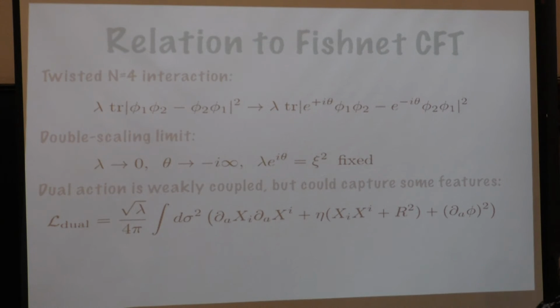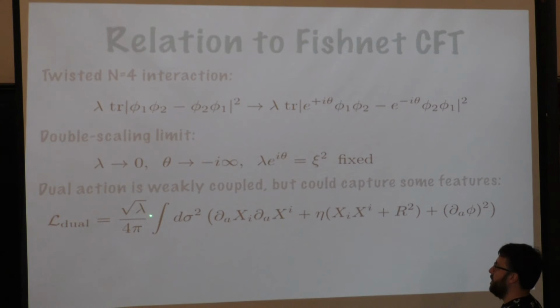Let's take the dual description and try to take this limit in the dual theory. But immediately we see the problem: lambda plays the role of 1/h bar in this dual description, so the classical limit corresponds to lambda infinity, and we are taking the limit lambda to 0. So basically, this becomes totally useless.